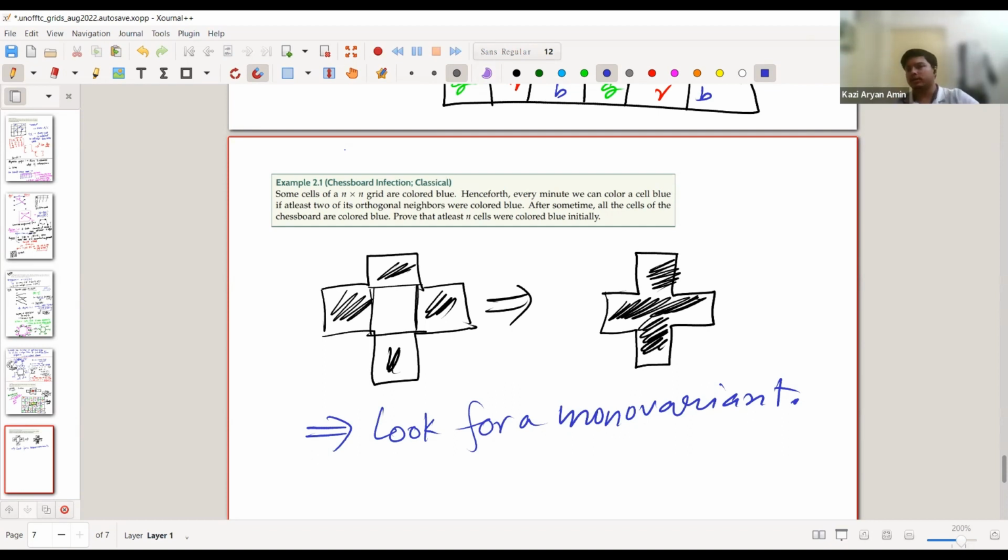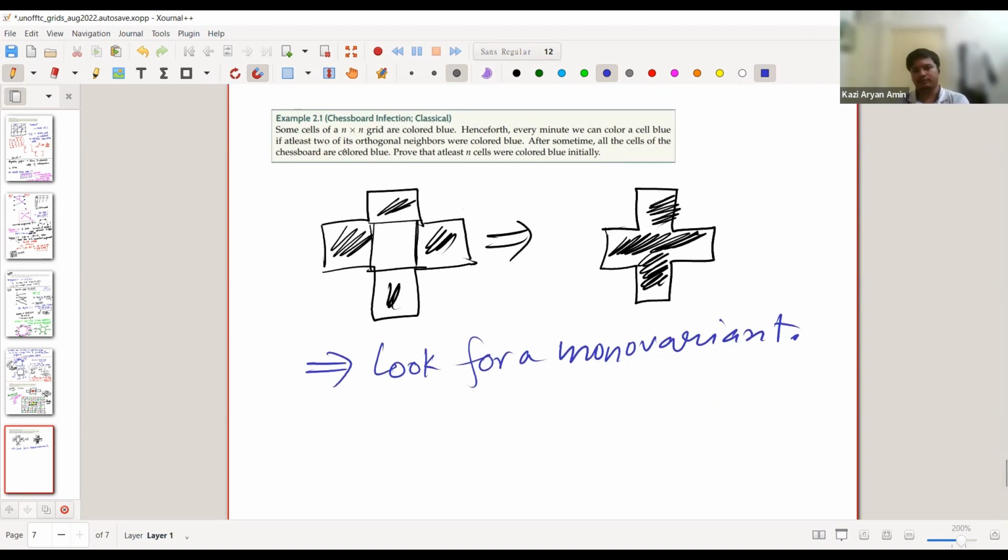Any ideas what to do for this, when something like this happens? So any ideas?